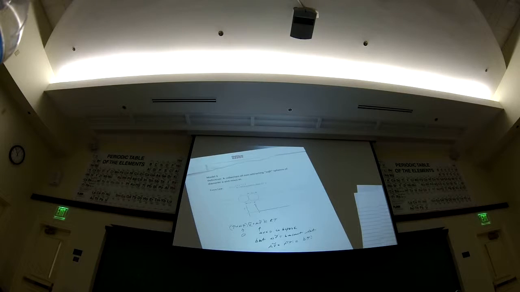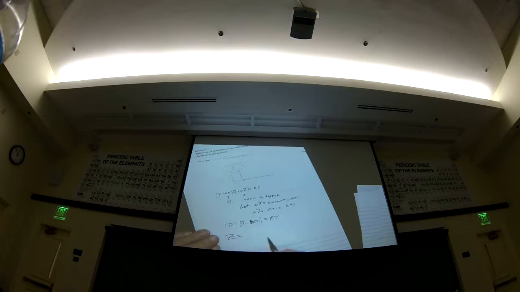P times (V minus B(T)) equals RT. So Z, which is PV over RT, is just equal to V over V minus B(T), and that is still everywhere greater than or equal to one.